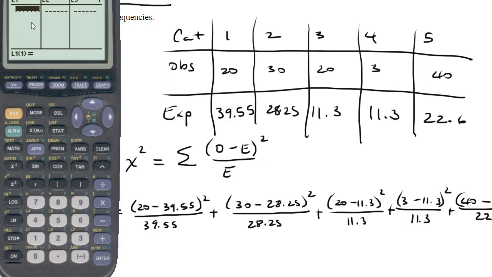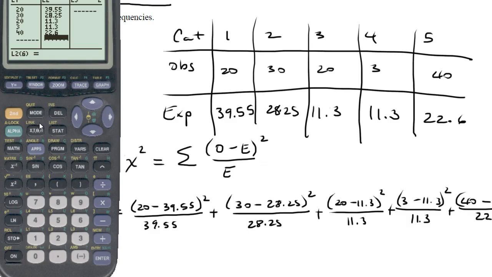First column, the observed values; second column, expected values. 20, 30, 20, 3, 40. Then 39.55, 28.25, 11.3, 11.3, 22.6.